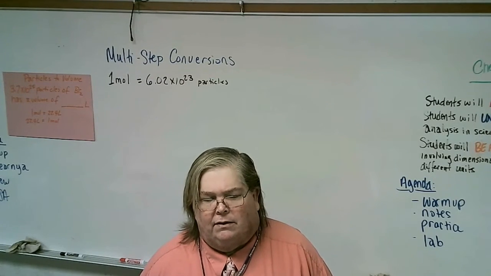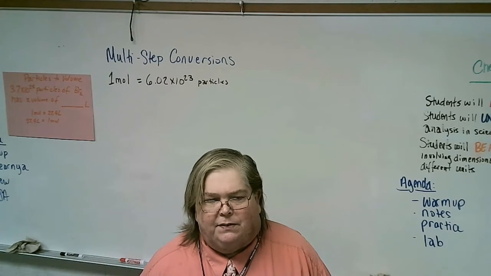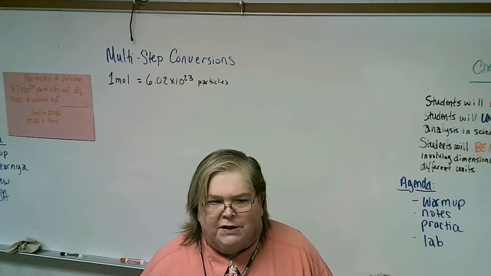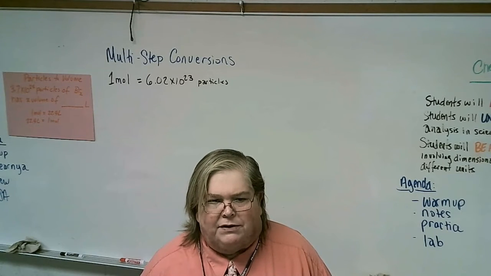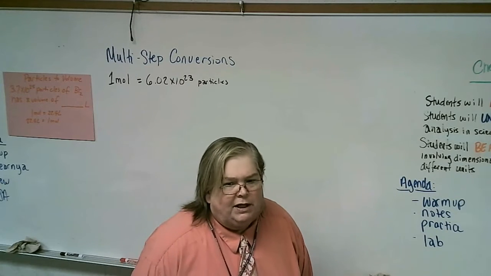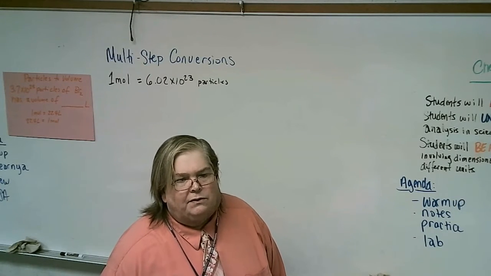As we learned earlier, we figured out that a mole is 6.02 times 10 to the 23rd of anything. For this particular problem, we're going to use particles to volume. So we also have a conversion that we can use for moles to volume.